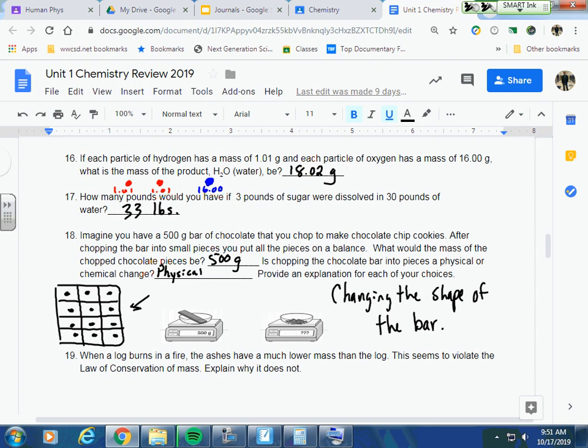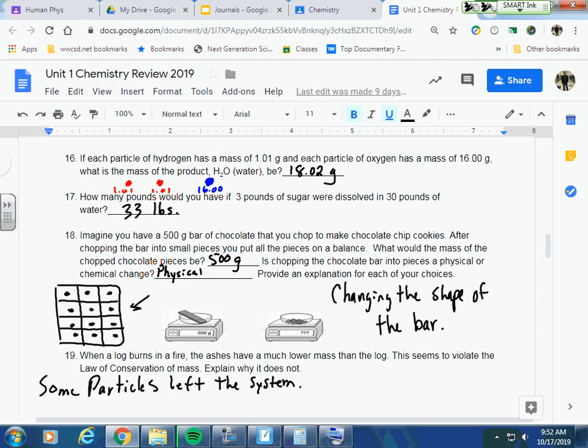And with number 19, when a log burns in a fire, the ashes have a much lower mass than the log. This seems to violate the law of conservation of mass. Explain why it doesn't. All right, well, the reason why it doesn't is all it's saying is if we have the mass go down, then some particles, I should say, left the system. Okay?